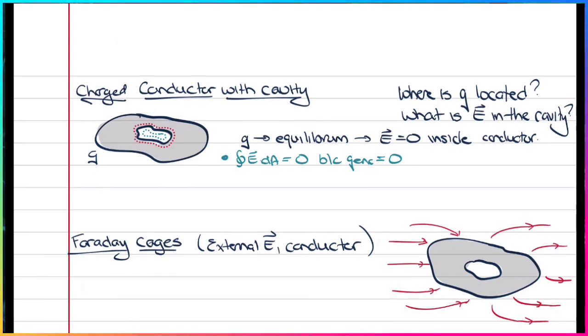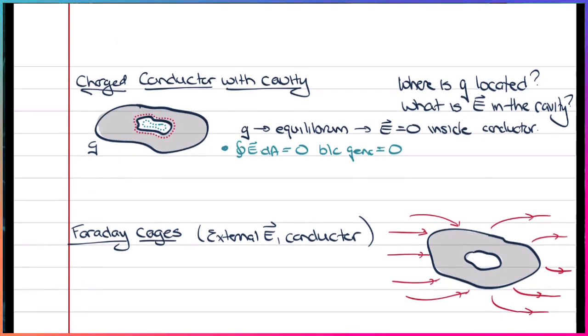Now for the red one, I drew it entirely just inside the surface. Then the flux is still 0, but this is because we just said that E is 0 inside the cavity. That dotted red line is entirely inside the cavity, so everywhere along it, I'd be evaluating E dot dA, but that E is 0.